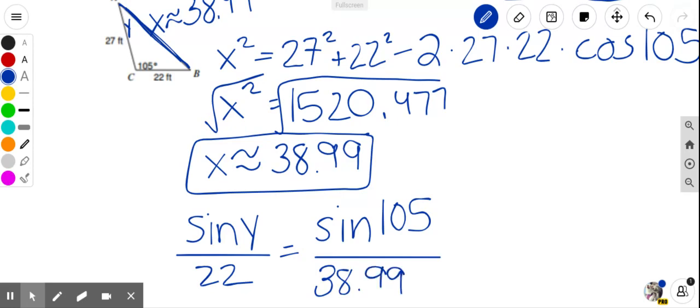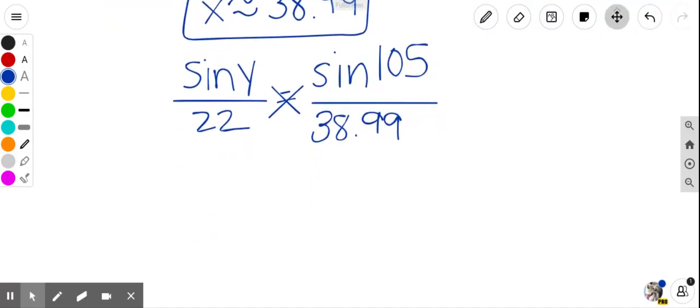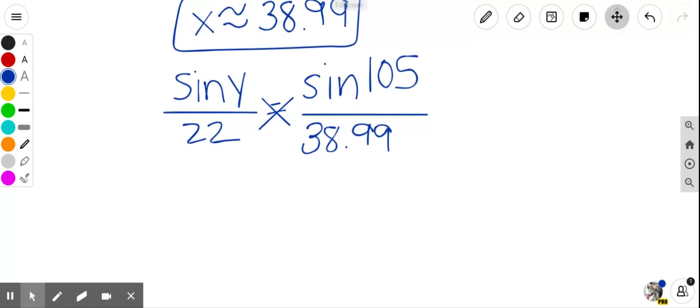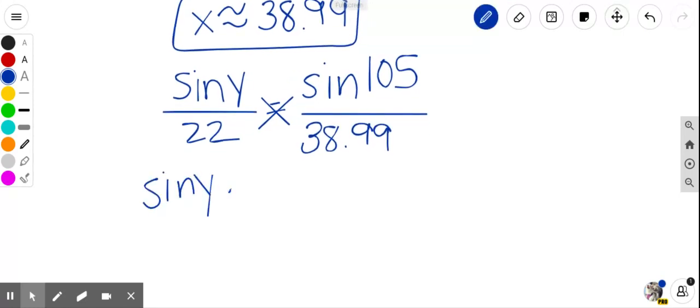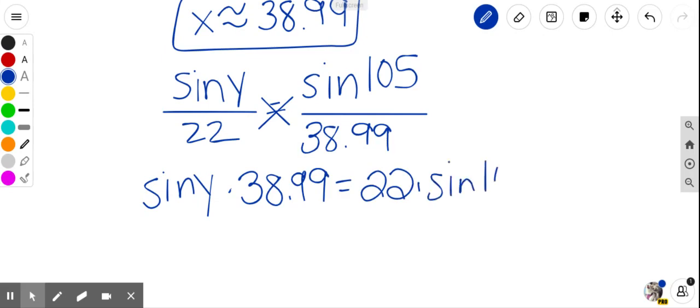Okay, and then we're going to cross multiply. So that's going to be sine of y times 38.99 equals 22 times sine of 105. Remember, we're trying to isolate the sine of y right here, so you want to divide both sides by 38.99.